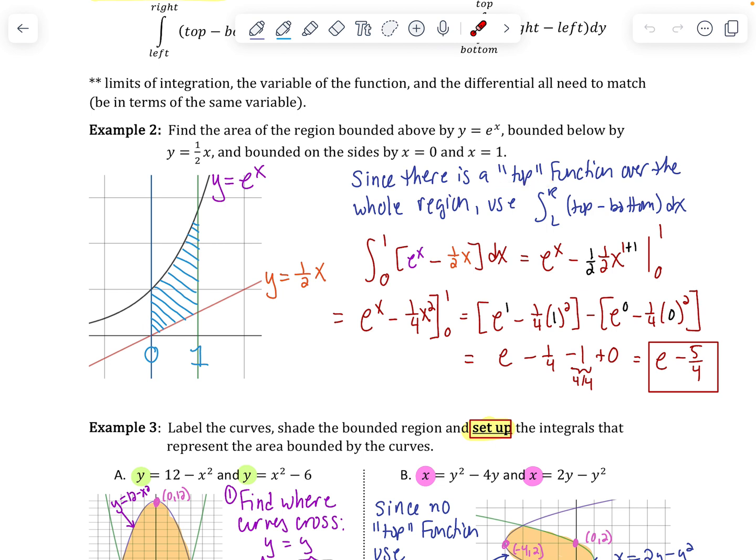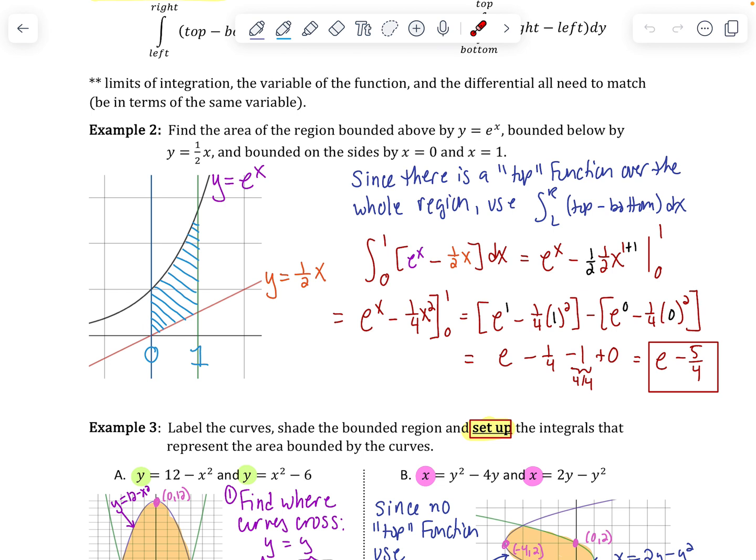We can see there's a visibly top function as we were told. So I'm going to be integrating from the leftmost point to the rightmost point, so from 0 to 1 for my interval. And the top function will go on top, which they told us was e to the x. And we'll subtract the bottom function, which goes on the right side, which we were told is 1/2 x.